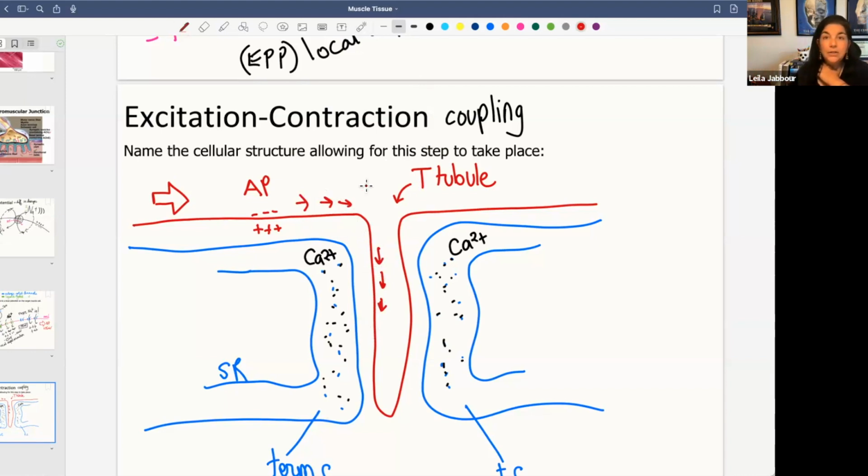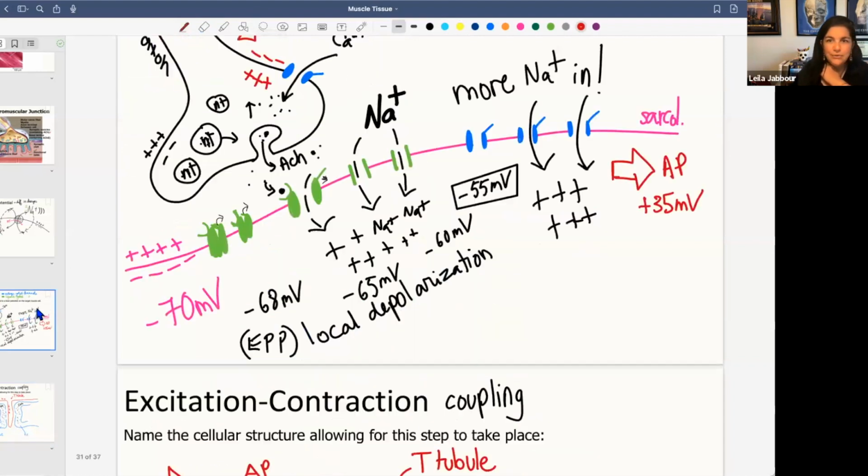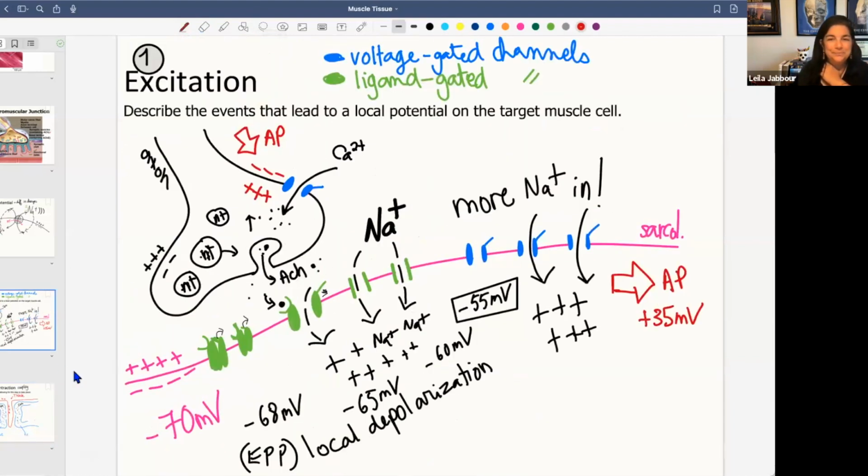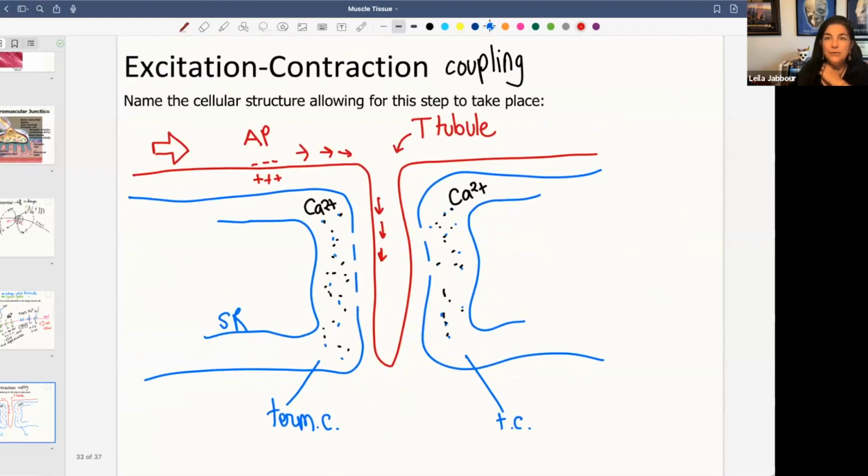So what happens is that there are voltage sensitive channels on the terminal cisternae, and I had drawn them in blue. Here they are. They are sensitive to a voltage change.